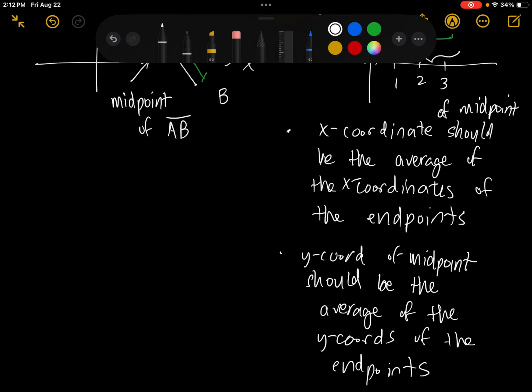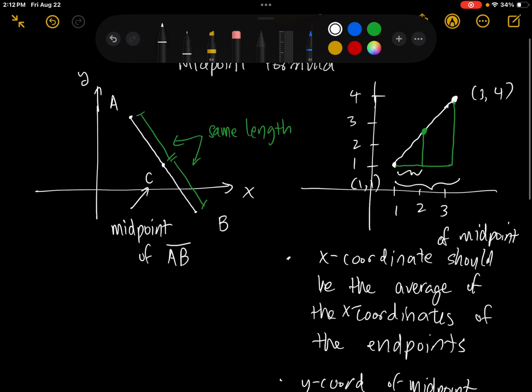So if you start at 1, 1 and go to 3, 4, your y-coordinate changed from 1 to 4. So how much was the change in y? It was 3, because 4 minus 1 is 3. So halfway is 3 over 2. So you should add 3 over 2 to 1, and that will give you 5 over 2. So the midpoint should be 2, 5 over 2.